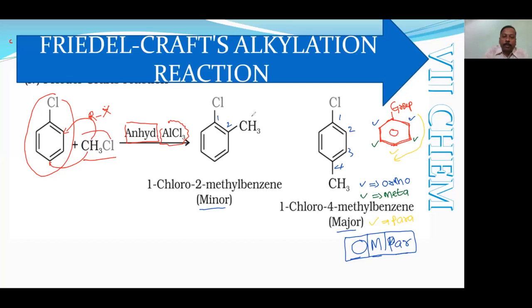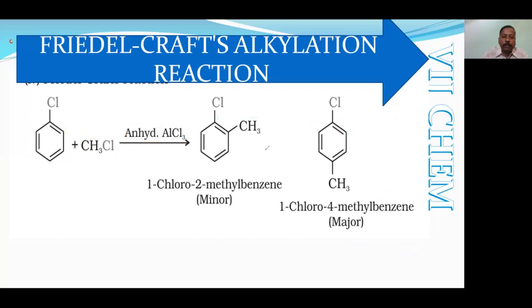The ortho is minor because of steric hindrance. There will be steric repulsion between these two groups, and at para there is ample space. They are freely available, and once they are free, stability will be improved. I think it is clear to you now. Now, are you ready for going to the next level?